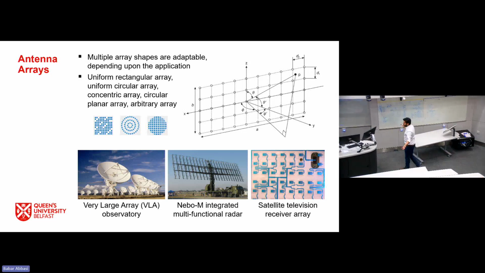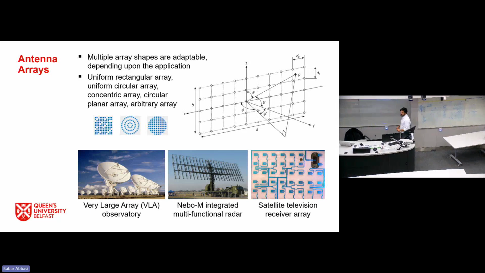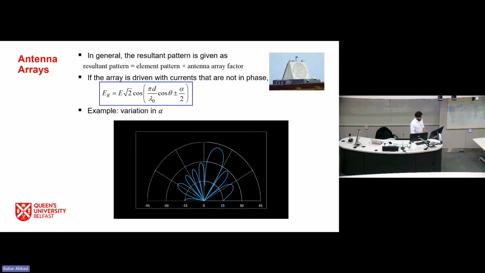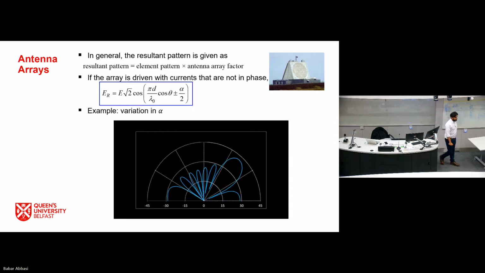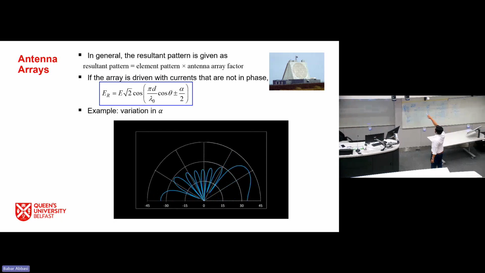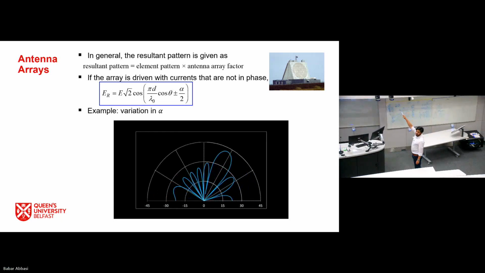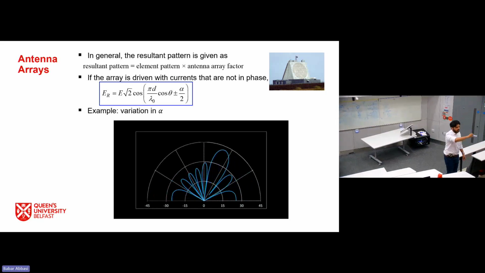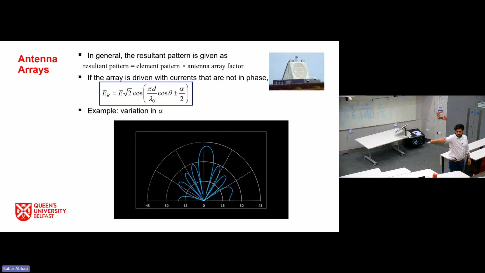So their radiation performance can be calculated directly by using the same kind of expressions that we used before. So something I mentioned before, if we have the same array factor equation or resultant electric field equation, and we have this alpha by 2, then by changing this alpha by 2, we can actually change the maximum directivity radiation from both sides to any other direction, in positive side and negative sides.